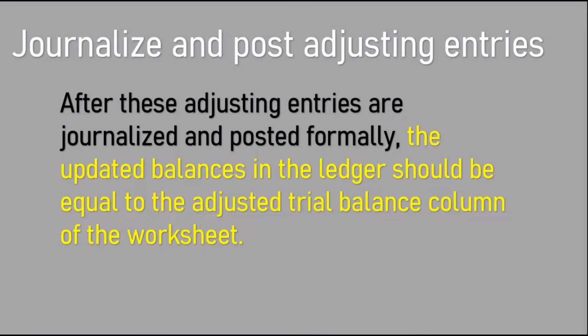Then you will make an update, doing another ruling and balancing of accounts. The updated balances in your ledger should be equal to the adjusted trial balance column of the worksheet.